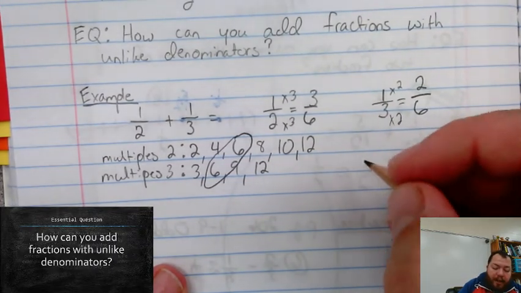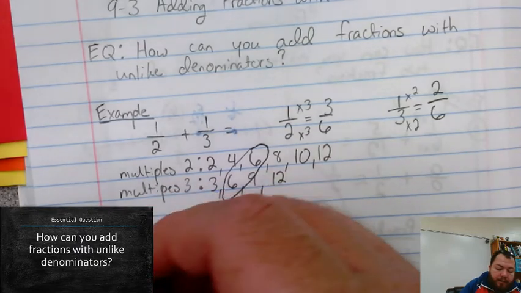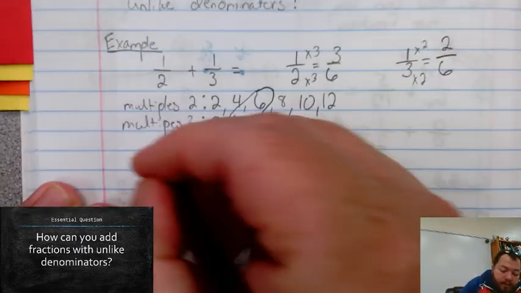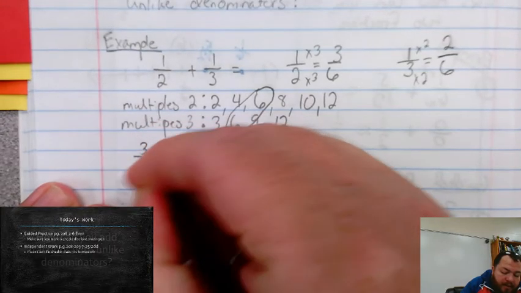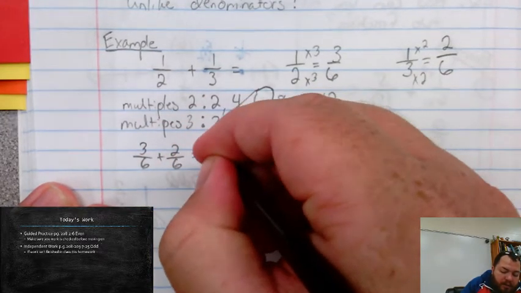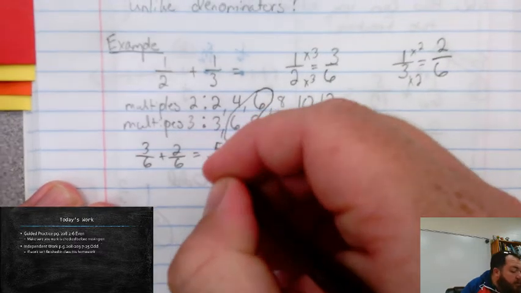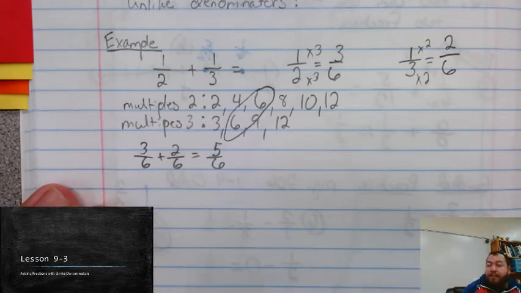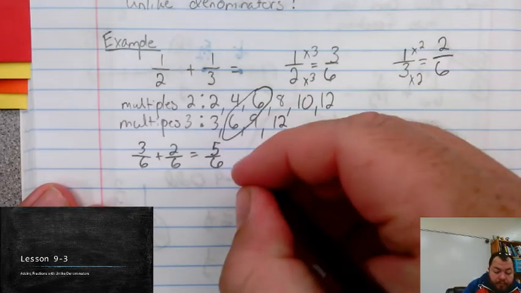So then we need to add, and I'm going to do it down here because I kind of ran out of room. I'm going to add 3/6 plus 2/6, and that's going to equal 5/6. So Alex rode his bike 5/6 of a mile.